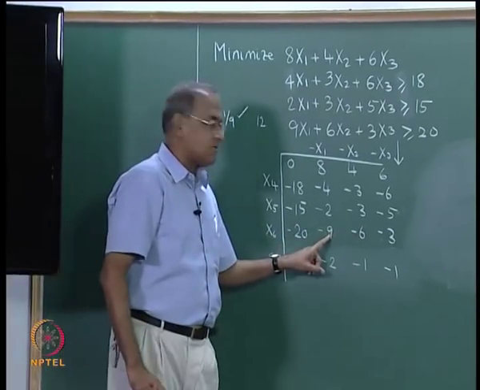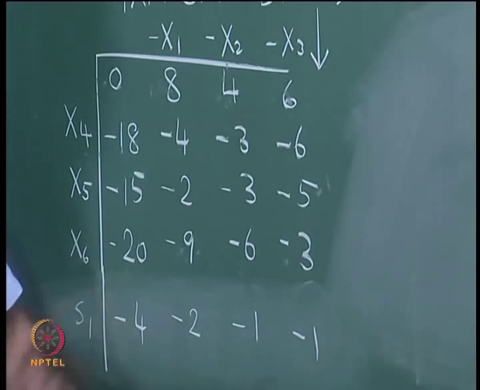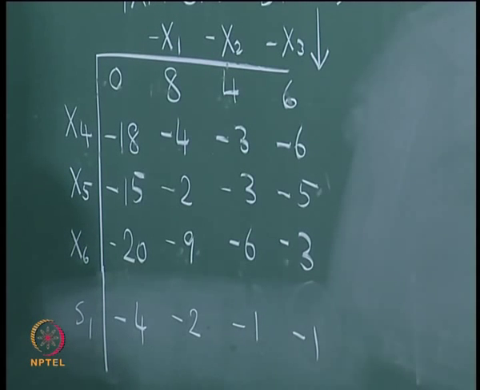So, 9 by 6 lower integer value is minus 2, 6 by 6 is minus 1, 3 by 6 is minus 1. We already know that between the two minus 1s, or amongst the several minus 1s, we have to choose the entering column as the one that has the smallest value.